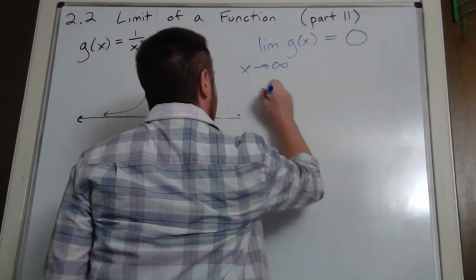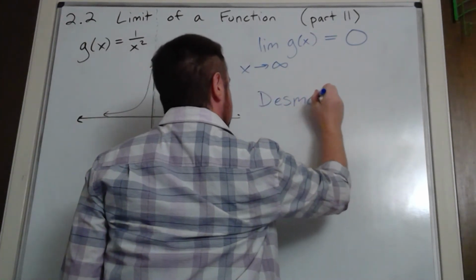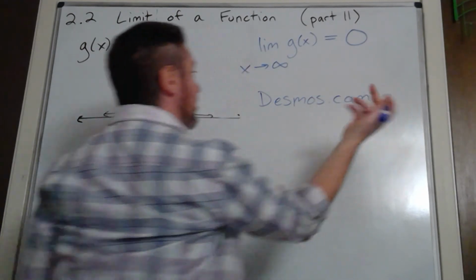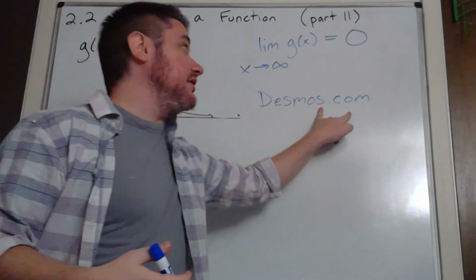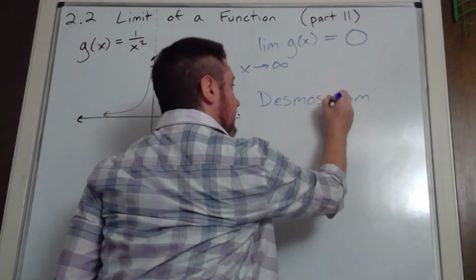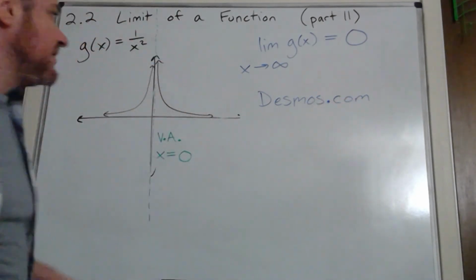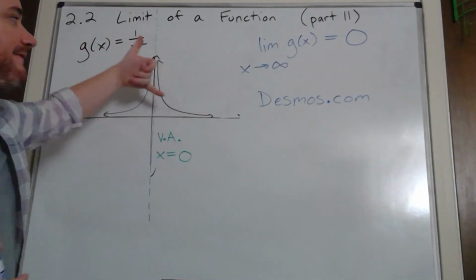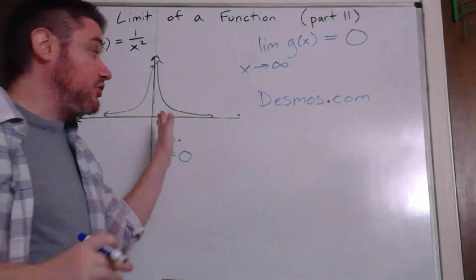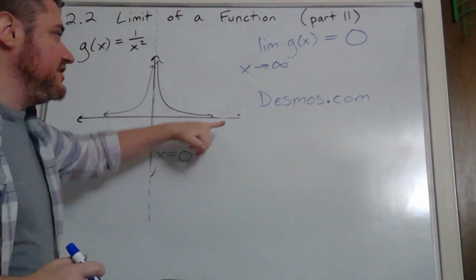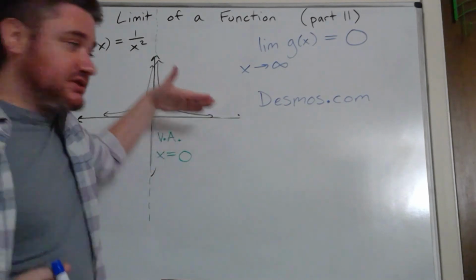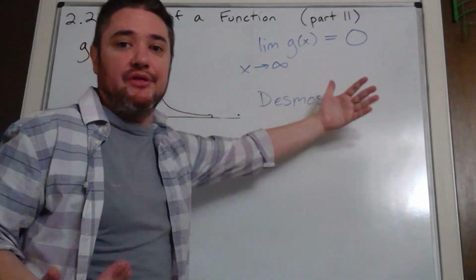All right. In my syllabus, I mentioned a graphing utility, Desmos. I don't have a smartphone, so I use Desmos.com on the internet, but if you've got a phone, I think you can download an app. Go ahead and graph this thing and trace on your graph to the right. And at some point, you really won't even see the graph anymore. It's going to be so close to 0, it's going to look like it's laying on the line.